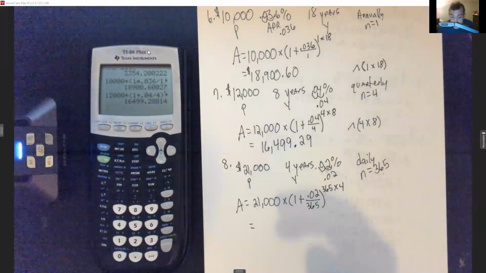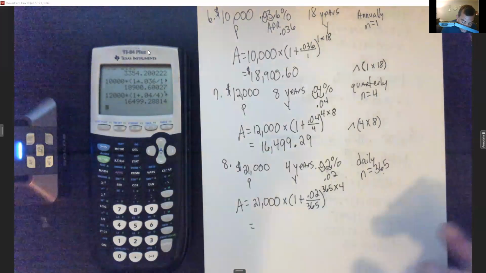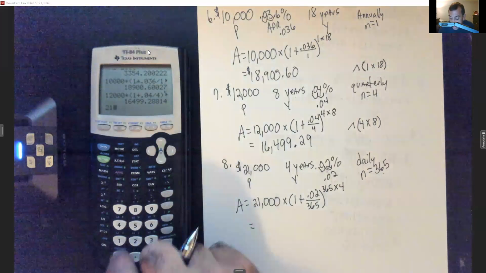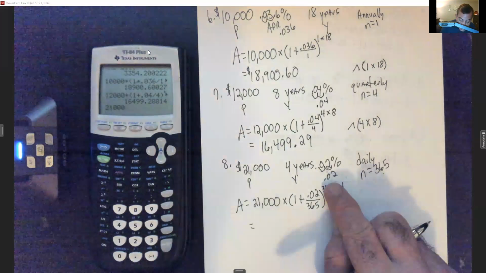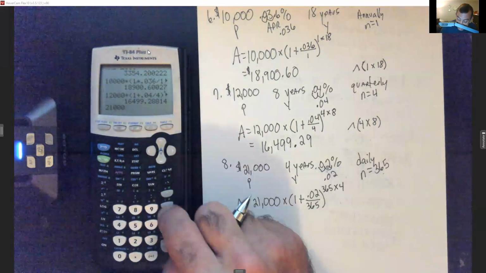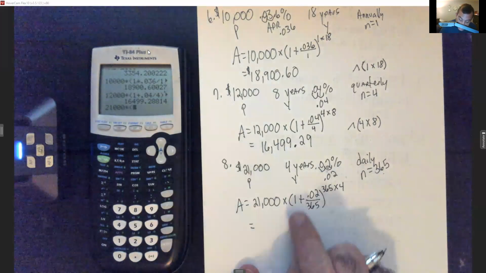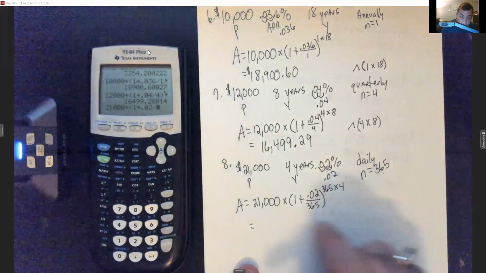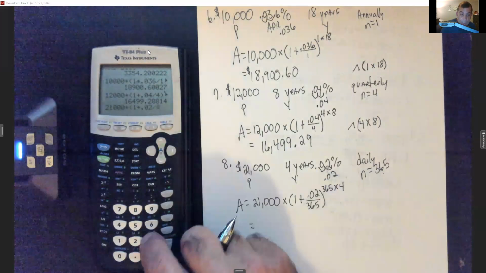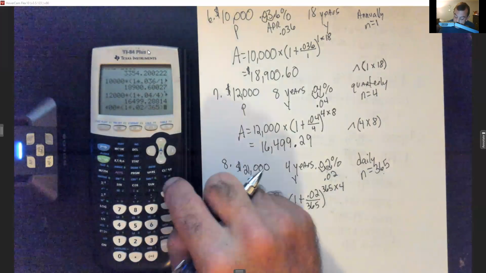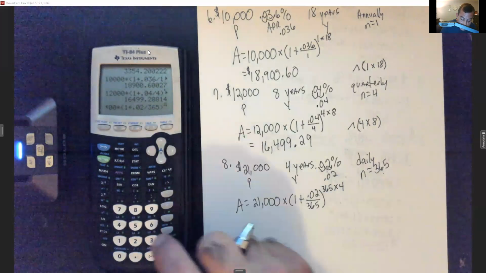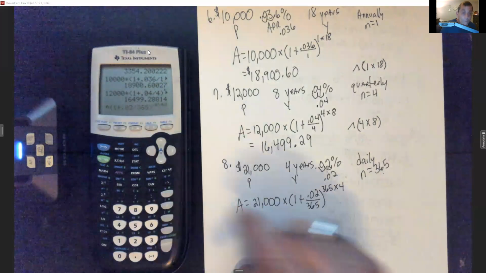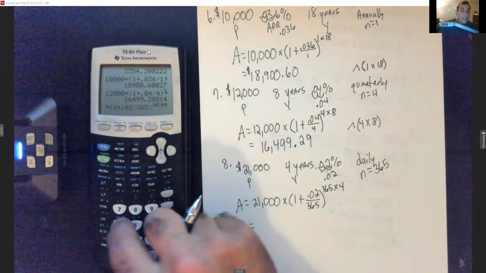All right, y'all, you would think this is going to really blow up, but watch this. 21,000, because that's a low interest rate, times parenthesis 1 plus 0.02 divided by 365, close parentheses, and then hit your exponent. Exponent is 365 times 4. All right, y'all, let's hit enter.